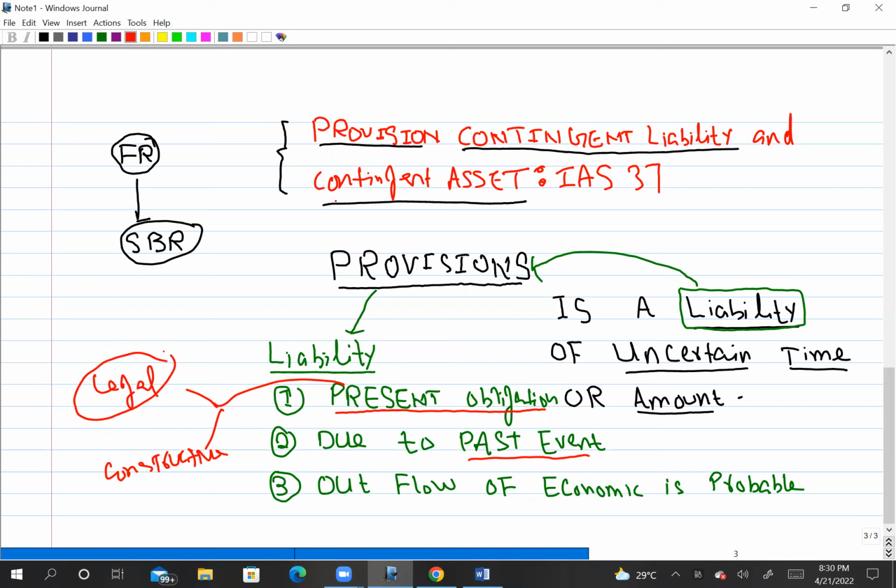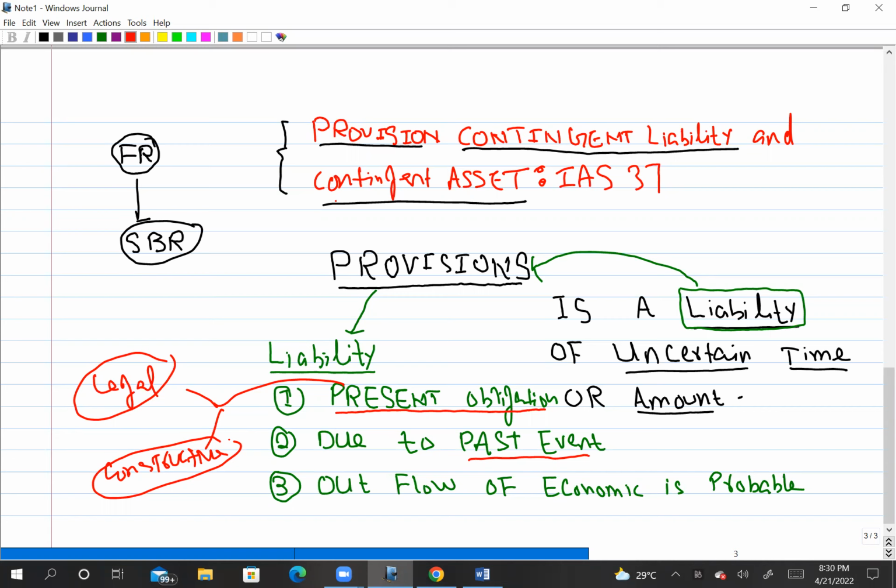Legal obligation means the obligation which arises due to the action of the law, and constructive obligation means the obligation which is not due to the law, but due to the stated policies of the company, which are known by other people, and people expect that the company will fulfill their promises. Such obligations are known as constructive obligations. And for IAS 37, it doesn't matter whether the obligation is legal or constructive; an obligation will be an obligation whether it is legal or constructive.